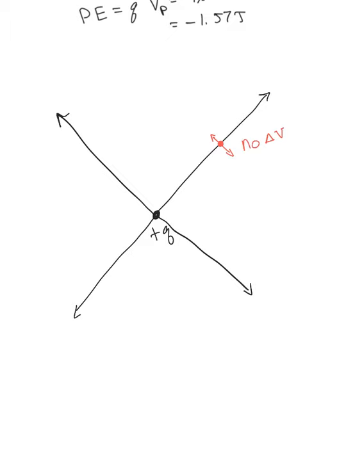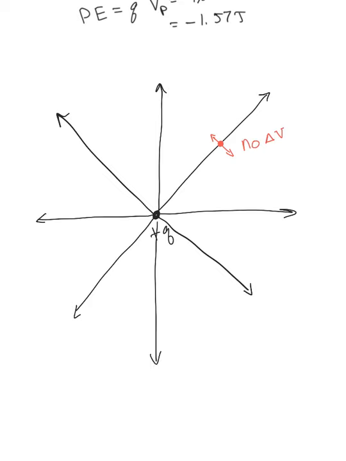It's only when we move parallel to the field lines that our electric potential changes. So we could plot out a path where we are constantly moving perpendicular to the electric field lines. And if I draw this out, that path looks like a poorly drawn circle. It should look like a well-drawn circle.